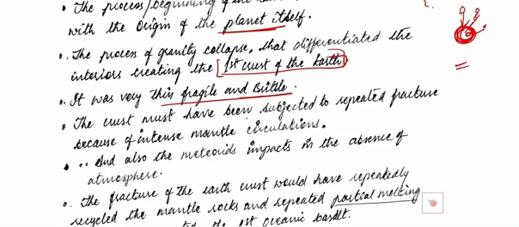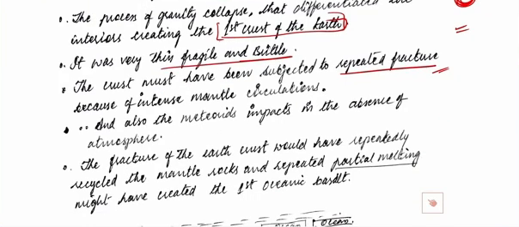The crust must have been subjected to repeated fracture, which I have explained earlier, due to asteroids or meteoroids, which went under repeated fractures or sudden impacts, and these meteoroid impacts occurred in the absence of atmosphere. In the initial stage, we don't have an atmosphere.